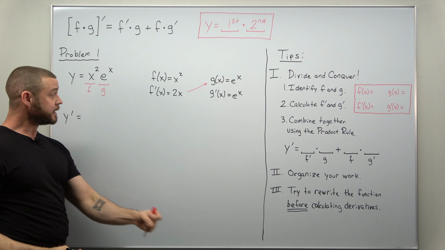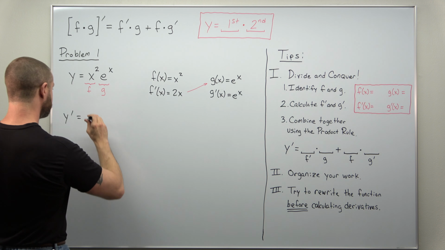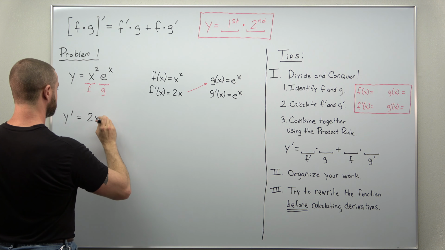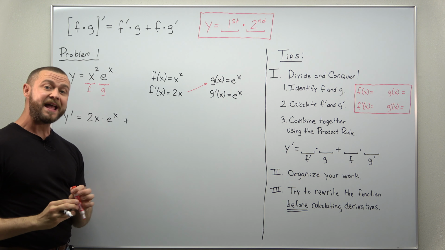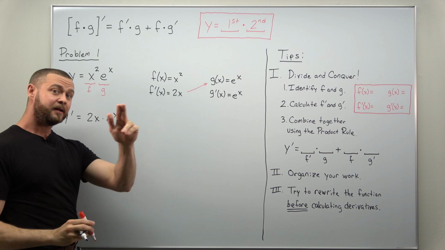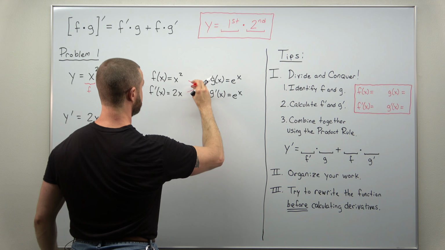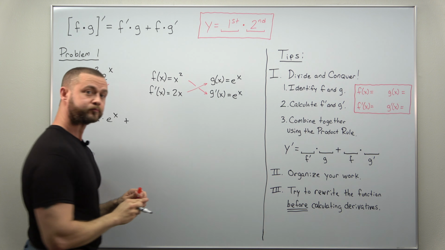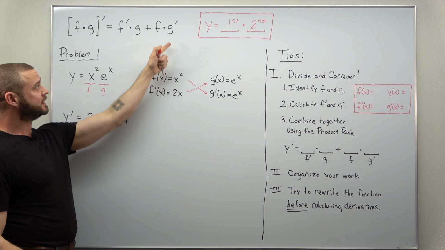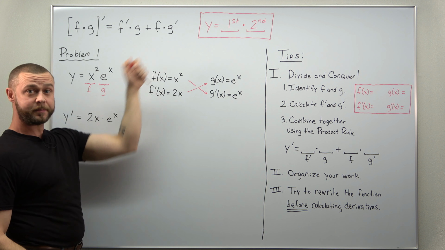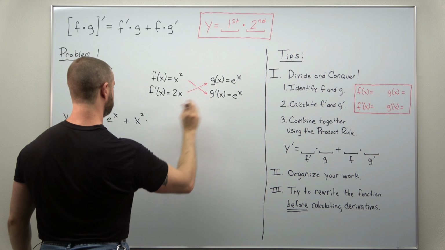And if we go ahead and combine the pieces here, we have 2x times e to the x. And then we add to that f times g prime, which is the other diagonal product here. And if we go ahead and put that in, we have x squared, f of x, times e to the x, which is g prime. So x squared times e to the x.